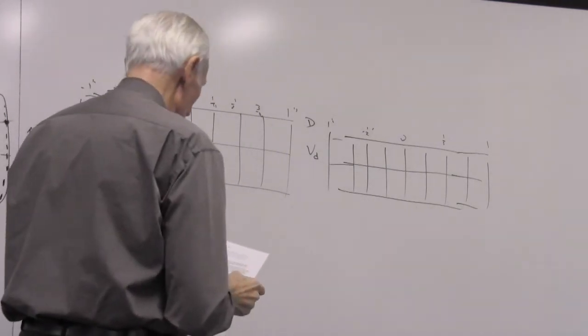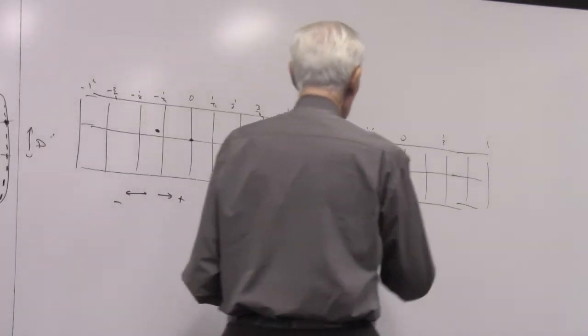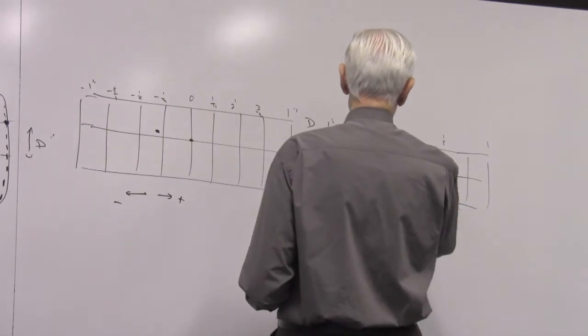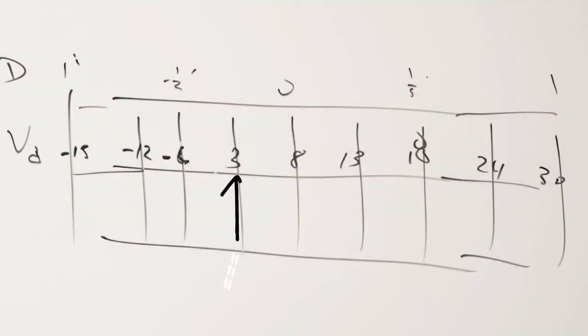And so you're going to get some numbers like this. Say 3 volts to put it over to this line, and it's going to take 8 volts to put it over on that line, and 13 volts to put it on that line, and 18 volts to put it on that line, and 24 volts to put it on that line, for instance, and maybe 30 volts to put it over here.